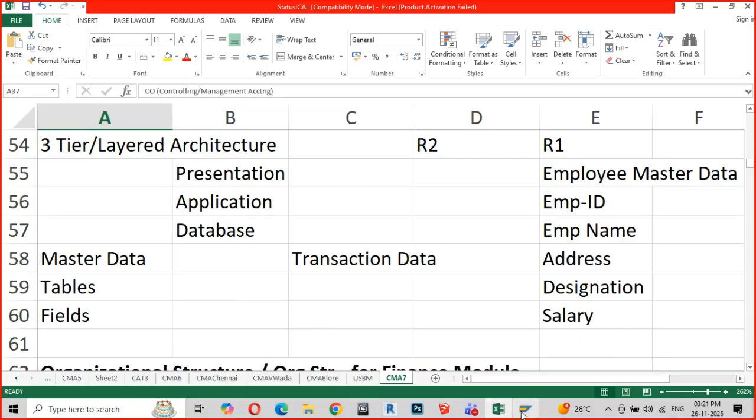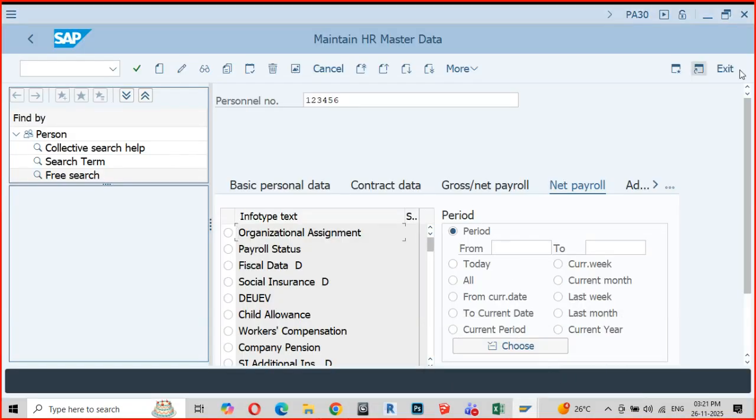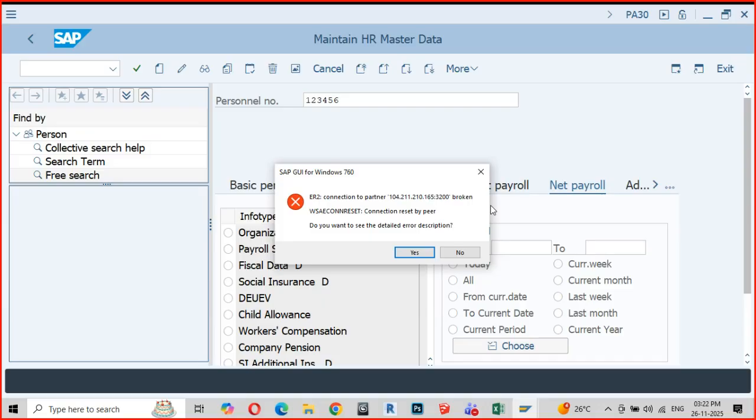Even before I get into the other side, I wanted to show you a table. Normally we came across BKPF. Let me just show you, just for your curiosity. If at all you want to see, probably this transaction code will be better avoided.